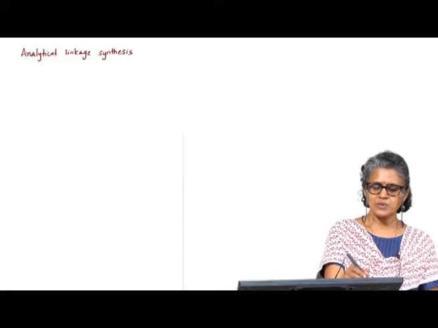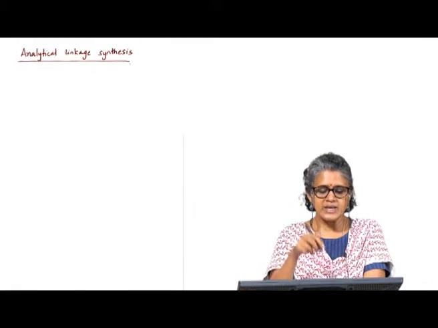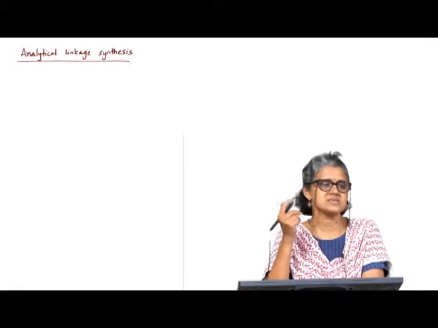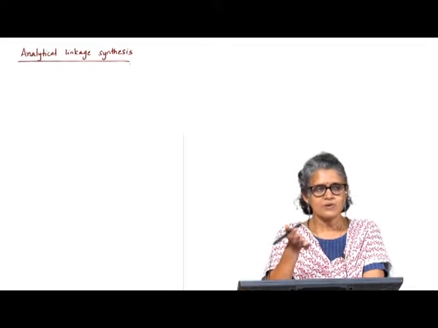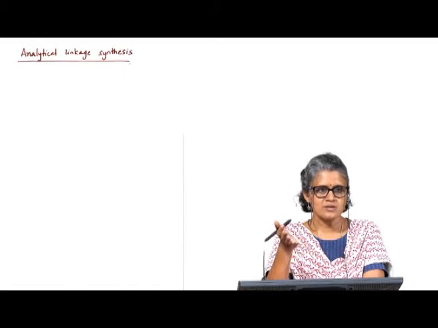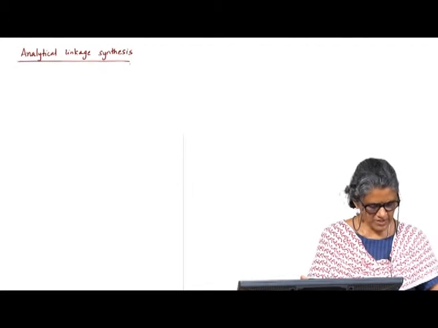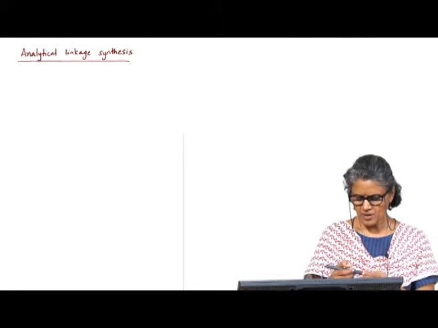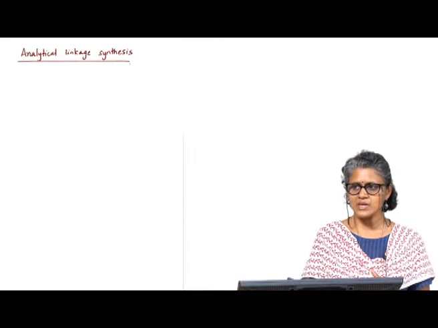Okay. So one of the elegant ways of doing analytical linkage synthesis is through the use of complex numbers. I am sure all of you are familiar with using complex numbers in linkages. I will briefly show you how complex numbers can be used instead of vectors when you are looking at linkages.